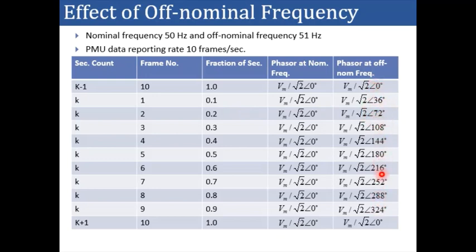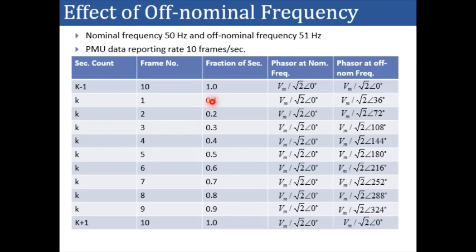Over a period of 1 second, the 51 hertz signal will again coincide with the phasor value of nominal frequency, but in between it will rotate by 360 degree, or you can say 36 degree per frame.